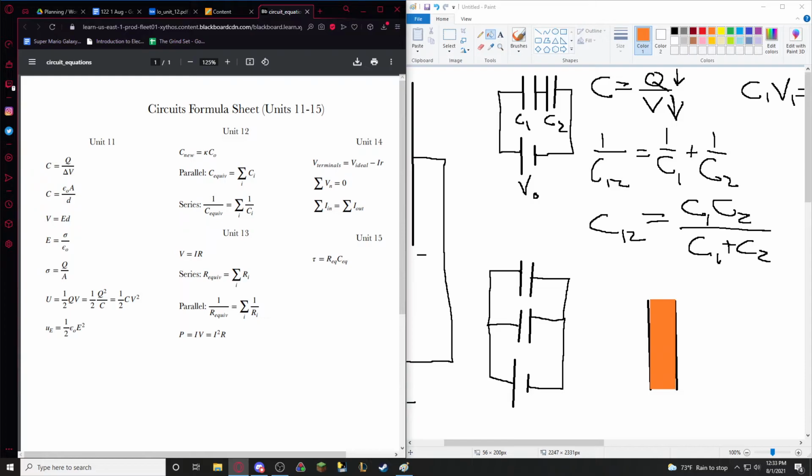So, if we put a dielectric between a capacitor's plates, most dielectrics have a dielectric constant greater than 1. For example, water has a dielectric constant of around 75 or 80. What happens to the capacitance when we place the dielectric?